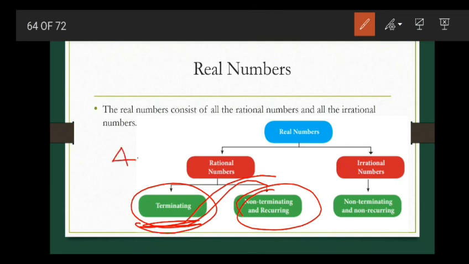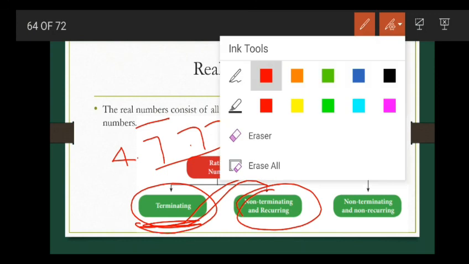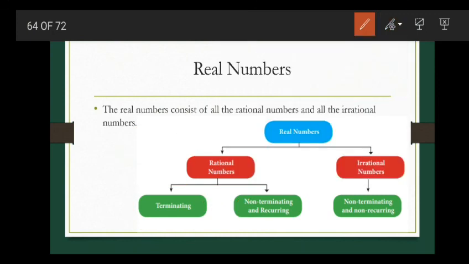For example 4.7 bar, which means this 7 will repeat again and again. Suppose we have 4.754 bar, this 54 will repeat again and again. So any rational number in decimal expansion will be terminating or non-terminating and recurring. But irrational numbers will be non-terminating and non-recurring.